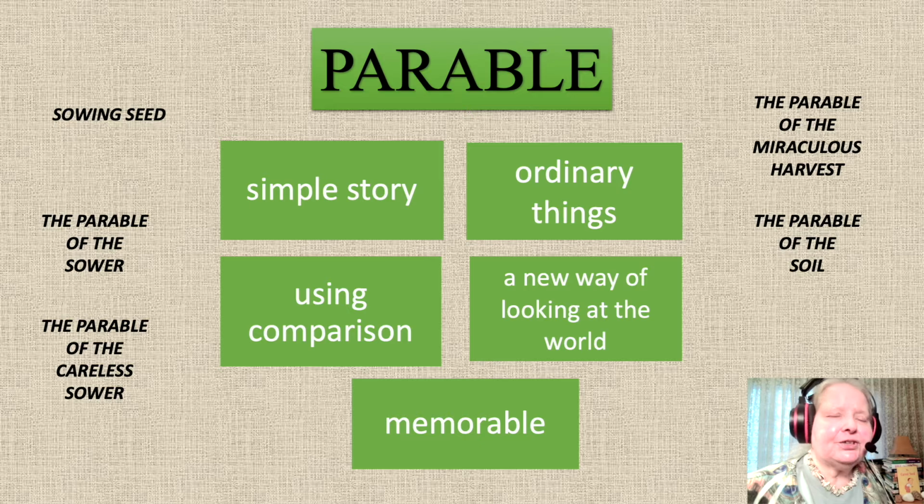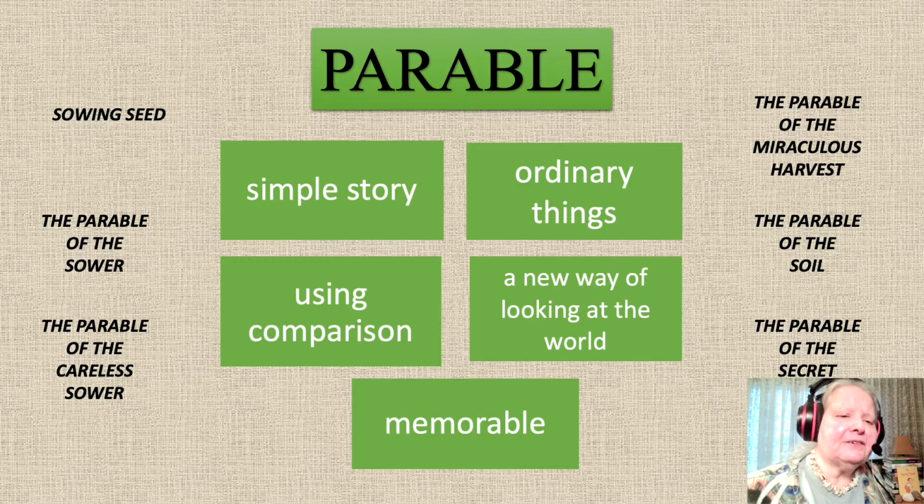Because the disciples do not understand it, and Jesus must explain it to them, should it be called the parable of the secret Savior? I wonder. Whichever name we pick, the power of the parable is that each time we hear a parable, we hear something that we've never heard before.